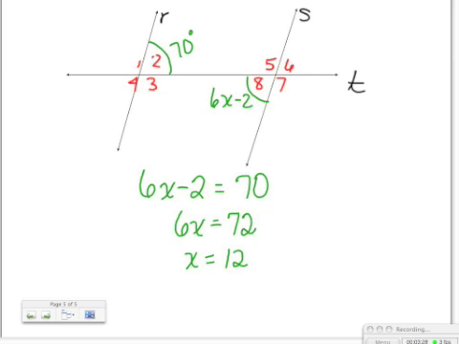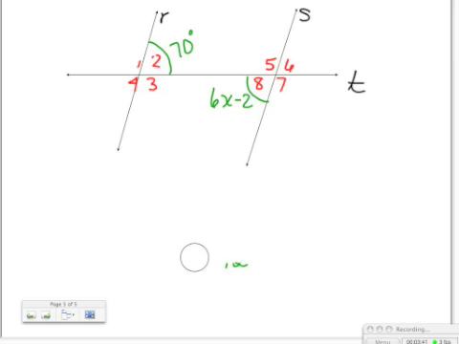All right, if we were asked to solve for y, we do the same thing. What's the relationship between angle 3 and angle 8? 3 and 8. They're same side interior angles, so they are supplementary to each other. So angle 3 plus angle 8 add up to 180. Angle 3 has a measure of 8y minus 40.